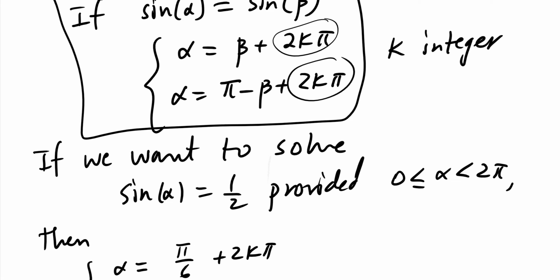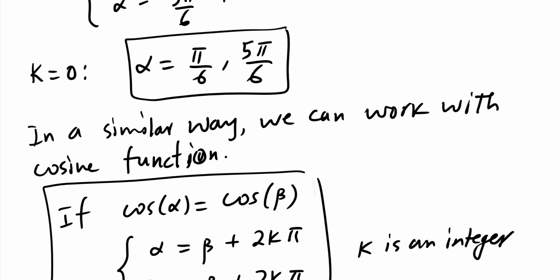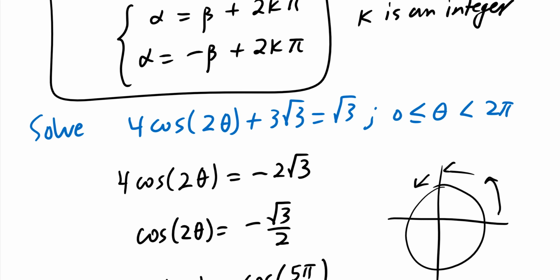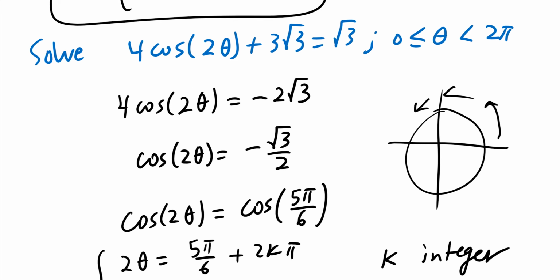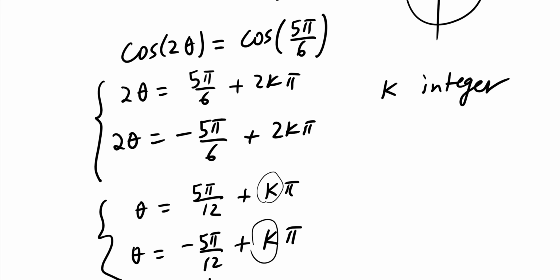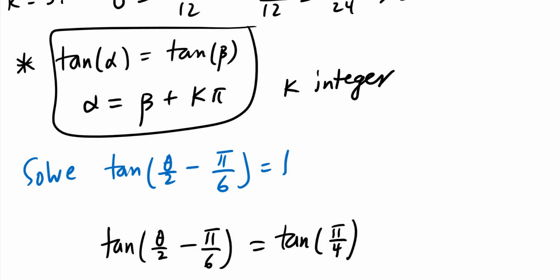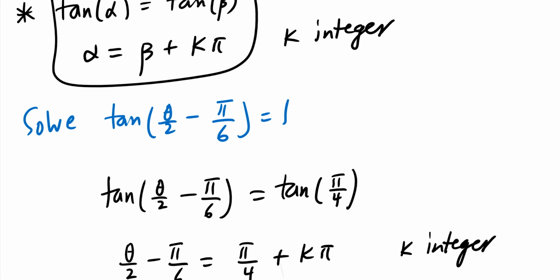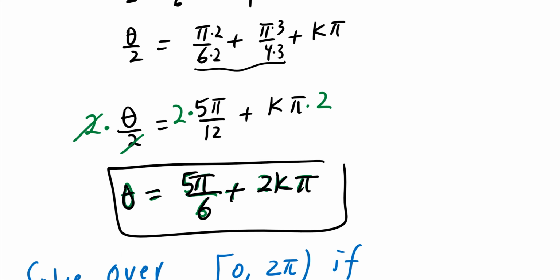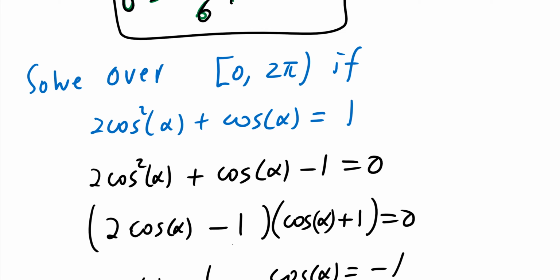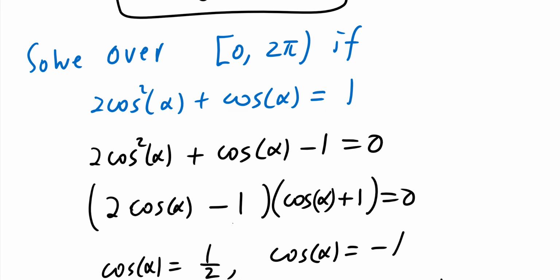And then I provided you one for cosine. And then for tangent, we gave you the one for tangent and showed you an example. Then after that, we did the quadratic. If we have quadratic type of trigonometric equations, how do we deal with them? So that's trigonometric equations.